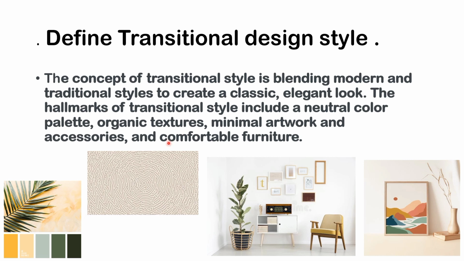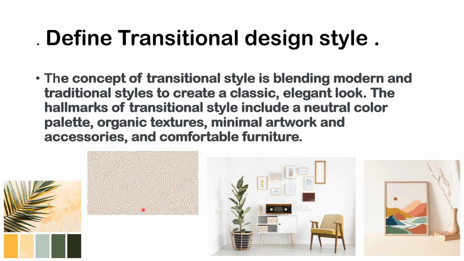The next is the organic textures. Organic textures means the textures which are really organic and natural to your eyesight. Once you see the texture of anything, like your wall cladding, your rug texture, or the carpet texture, or even the texture of your laminates, if you feel the texture is near natural, or organic, then you can say that you have achieved the organic texture rule in your transitional design style.